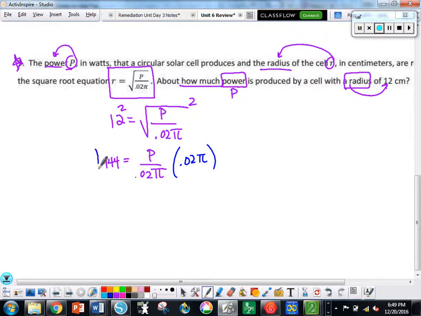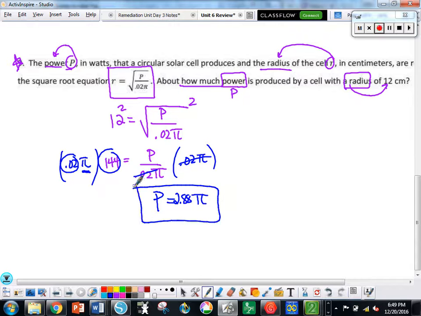Those cancel, P is by itself. We don't normally multiply the pi through because pi is a really ugly number. I mean, it's irrational, it goes forever, and your decimal looks horrendous afterwards. If you multiply these two together, you just get 2.88. So I'm going to say the power is 2.88 pi.